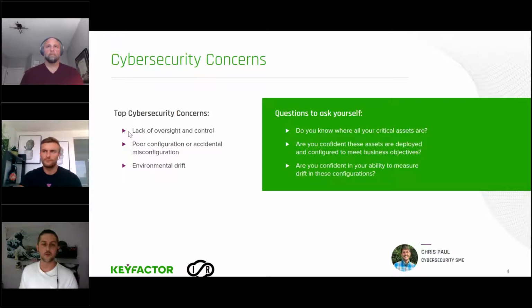The other thing, lack of oversight and control, kind of goes back to what I was saying. Who's actually watching the watchers? The developers, are they in charge of security? The security team? The DevSecOps process, has that been really mapped out in your enterprise, your organization? One of the things that is affected is the environment. So the third thing is environmental drift.